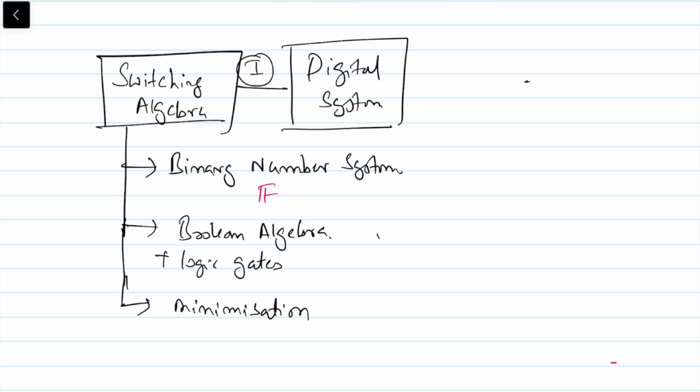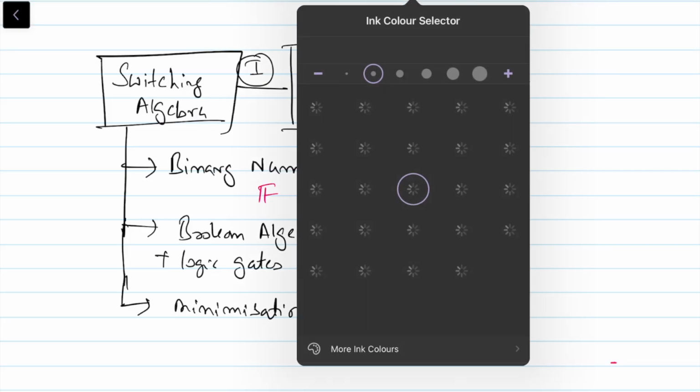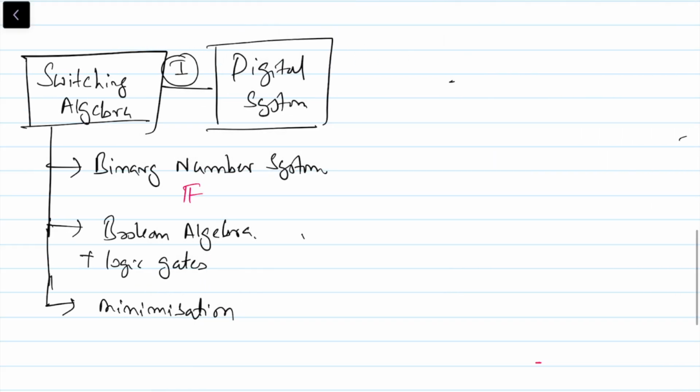If you optimize a circuit, you basically remove the redundant components from the circuit, which means you are reducing the heat dissipation, power consumption, size, and cost. So that's the whole objective behind studying minimization. With these 3 topics, we'll mainly understand how to mathematically express a logic circuit. That will help us in part 2.